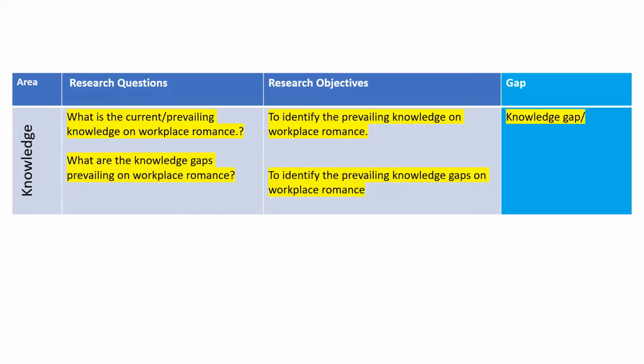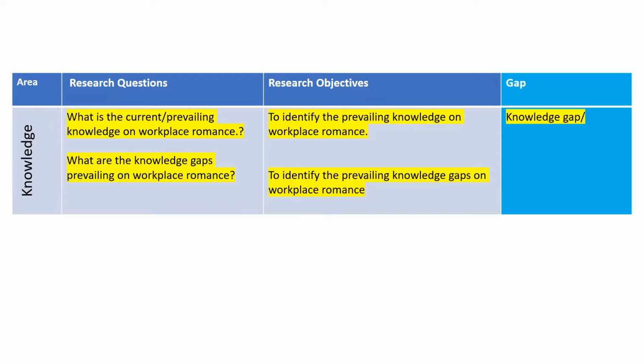And if you know the current knowledge, you can find the gap. So now I have taken a topic, workplace romance. This topic is really HR related. I want to find out the current knowledge on workplace romance, right?